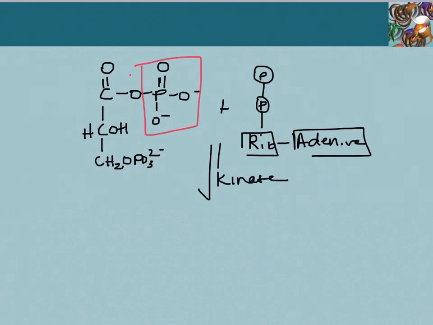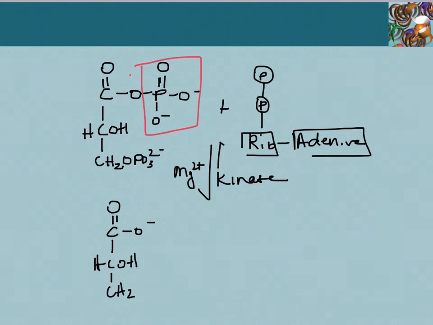The reaction is reversible too. We also need magnesium. So this is going to be similar to the other phosphoryl transfers that we've seen. We get our new molecule of ATP.